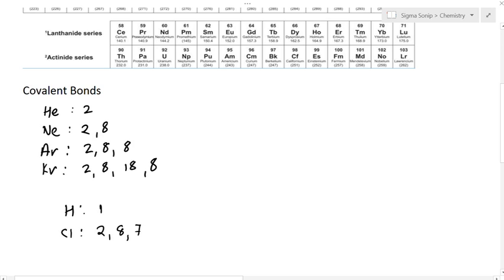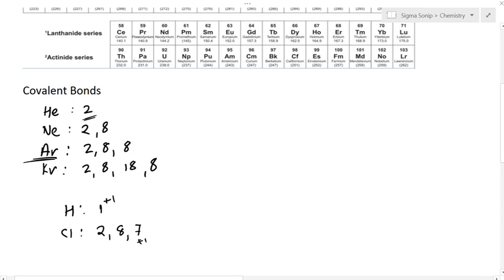Hydrogen can gain an electron configuration similar to that of helium, which has 2 electrons, so it needs 1 electron. Likewise chlorine has 7 electrons in its valence shell, and can gain an electron configuration similar to argon by just gaining 1 electron. So both of these atoms need to gain an electron.